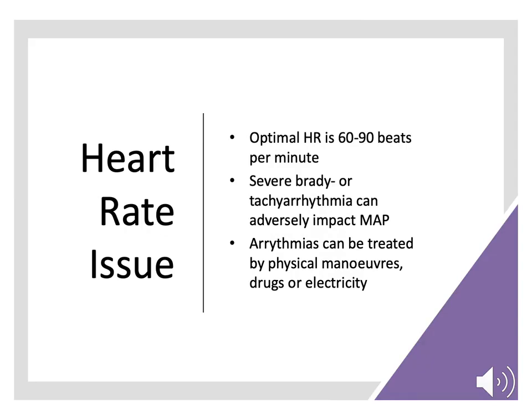We wouldn't push the heart rate faster than that because you start to run into problems where you have myocardial oxygen insufficiency and you run into the risk of developing cardiac ischemia. So by all means correct a bradycardia to bring it into the optimal heart range, but it is not advisable to push a heart rate beyond, say, 90 beats per minute when you're trying to raise a MAP. Otherwise, you'll run the risk of the patient developing cardiac ischemia.